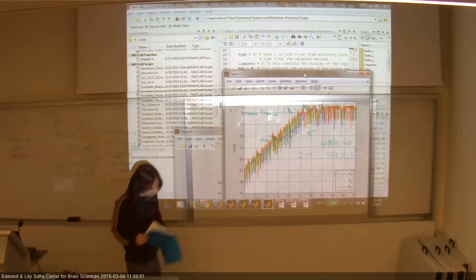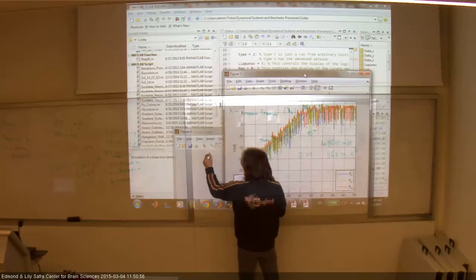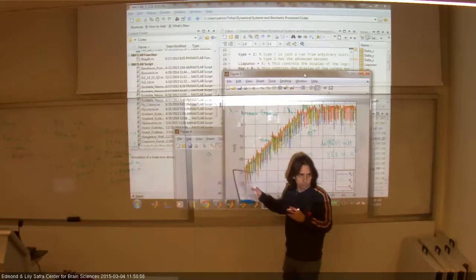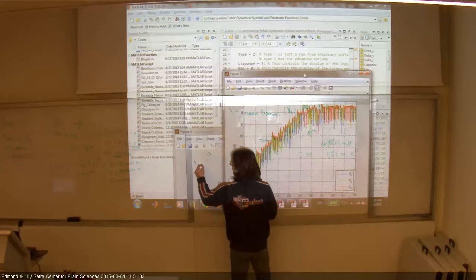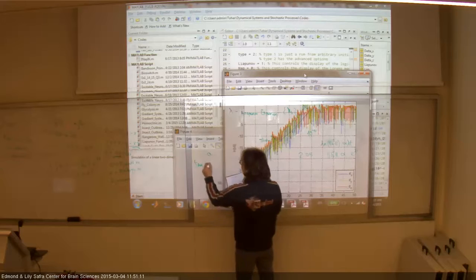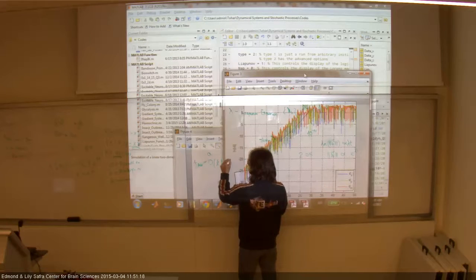And say we are willing to tolerate some error A, okay, then the time horizon will be of the order of 1 over lambda times the logarithm of A over delta 0.